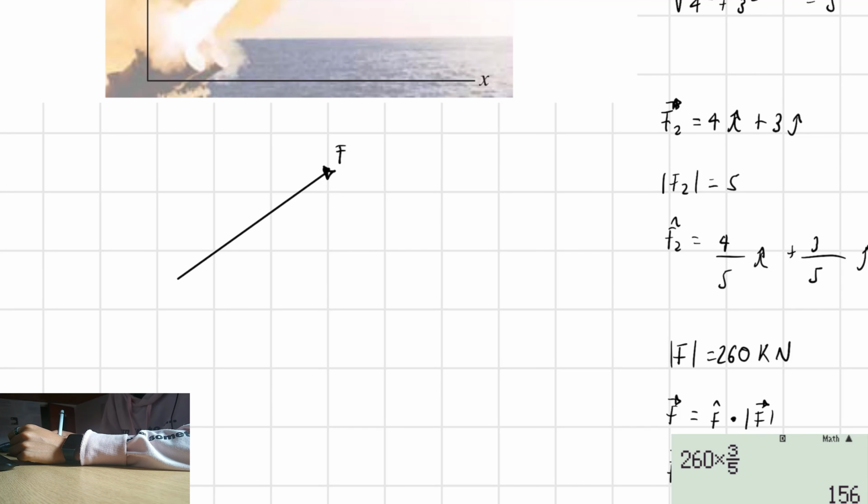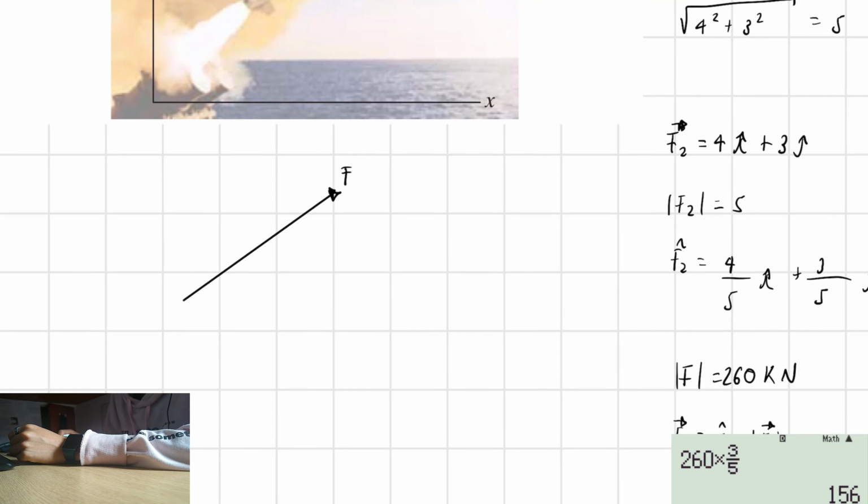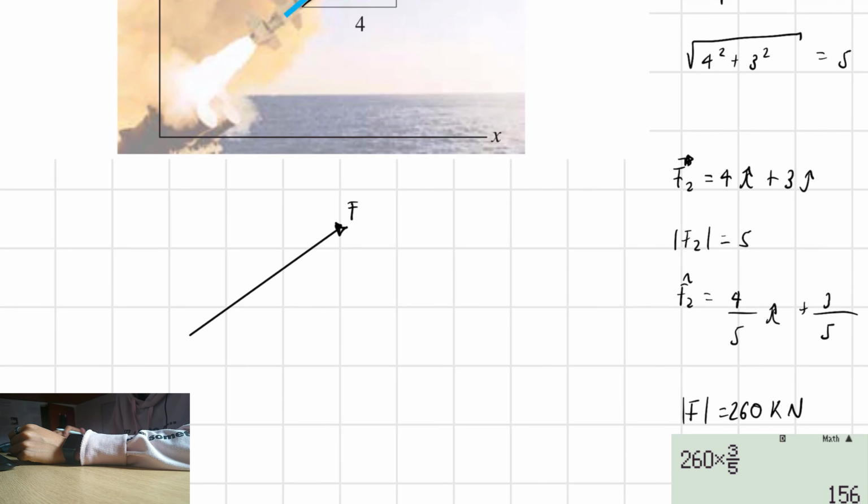F, but they are telling me that I have to take into account the weight. Remember, when you are using the weight, you have to be pointing towards the center of the earth, in this case pointing down. The magnitude of F is equal to 260 kilonewtons.